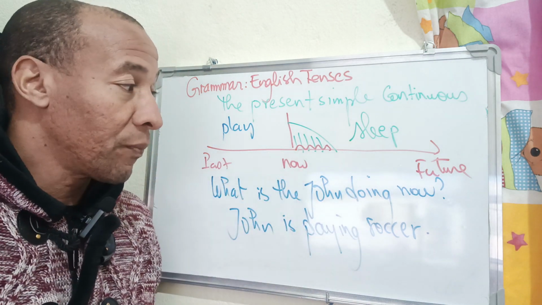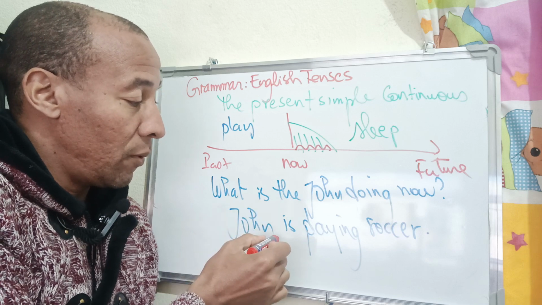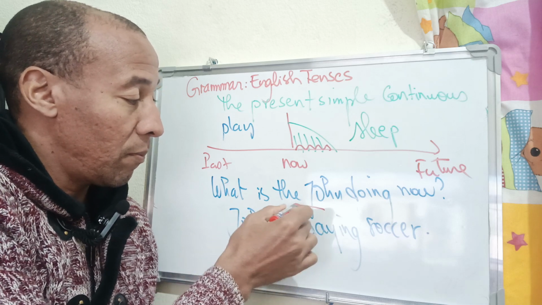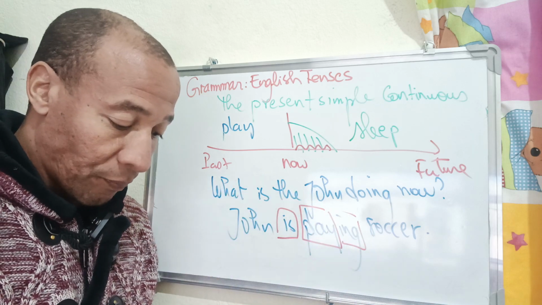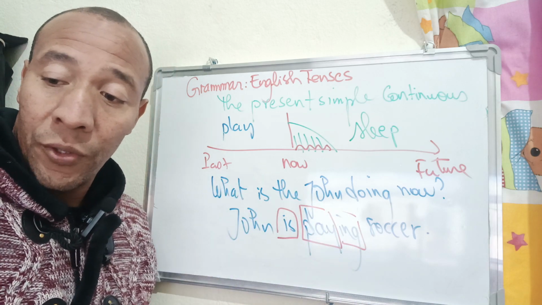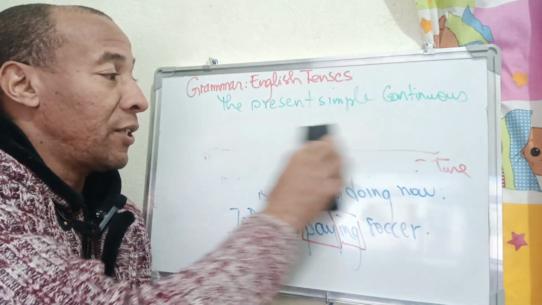So here we use the form of the verb to be plus verb plus ing, right? So this is the use of the present continuous.